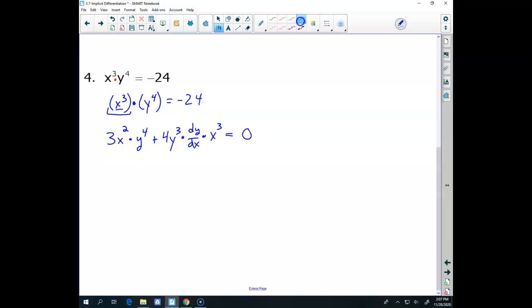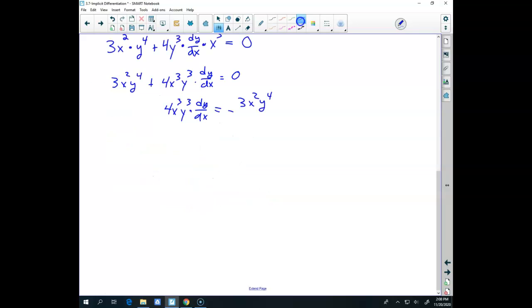It's 0. So I'm going to say this is 3x squared y to the 4th plus 4x cubed y cubed times dy/dx. Notice I write my letters in alphabetical order to keep things easy for me. 4x cubed y cubed dy/dx equals negative 3x squared y to the 4th.